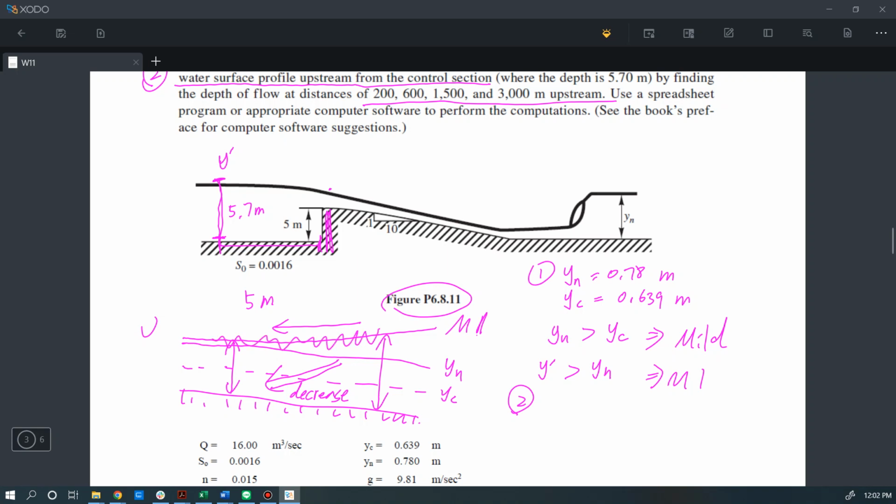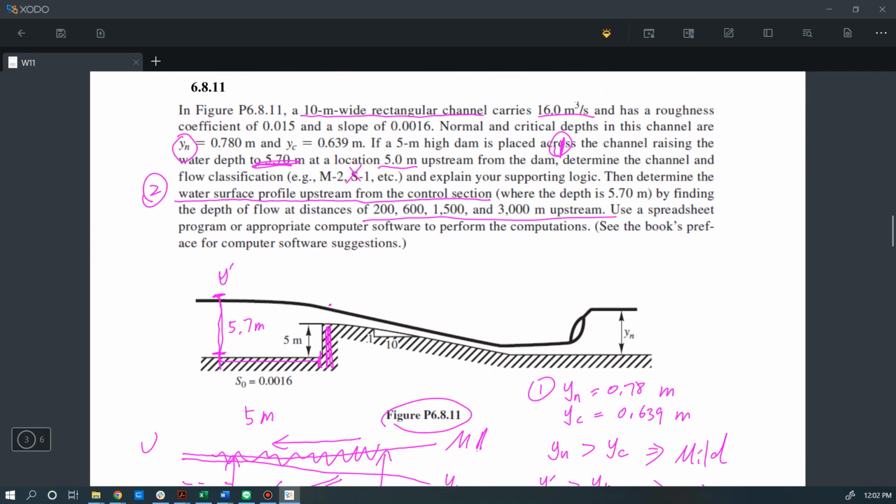So let's go back to the problem again. The problem gives us the distances of those sections where we want to calculate the water depth. That tells us we should use the standard step method to calculate that.